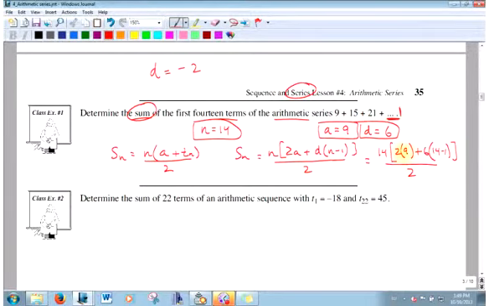So 14 times, what's 2 times 9? 18 plus 6 times 13, all over 2. Can I divide that 2 into that 14? Sure. You can do it now.